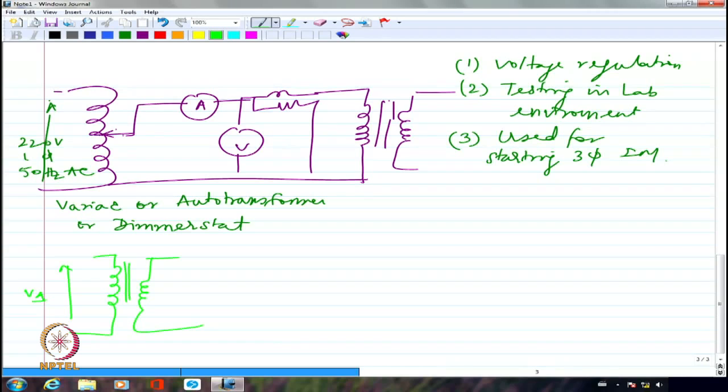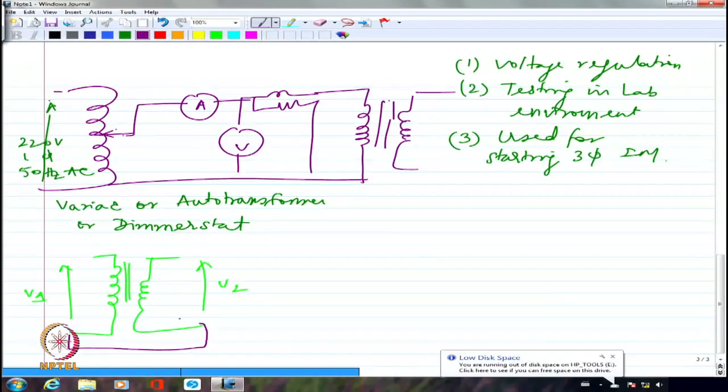Now I connect these two terminals together. If I measure the voltage between A and B and get the overall voltage as V1 plus V2, that means I have connected them in series addition.